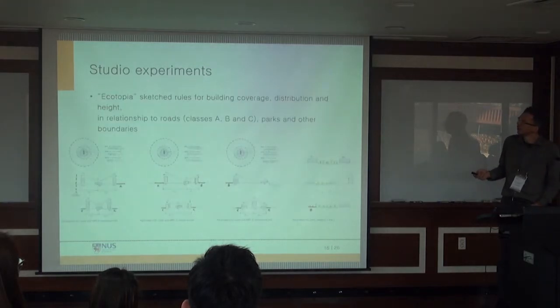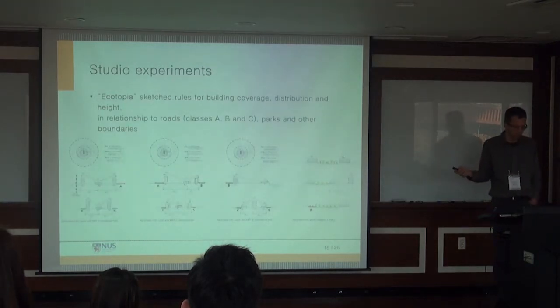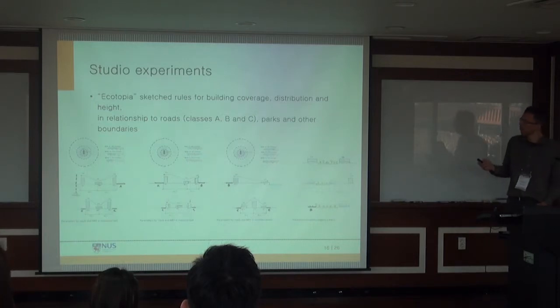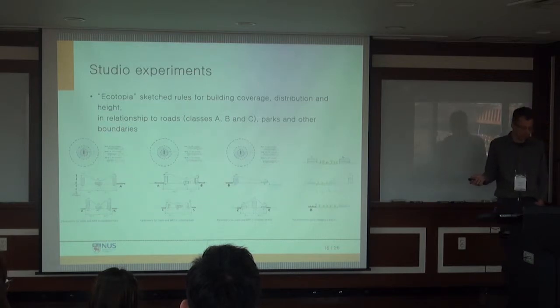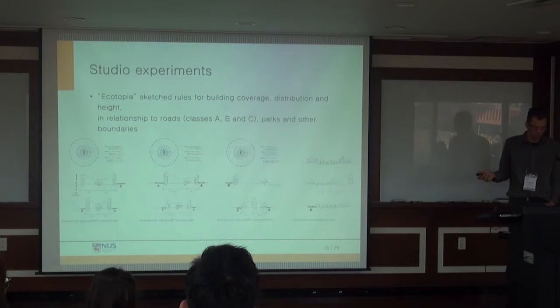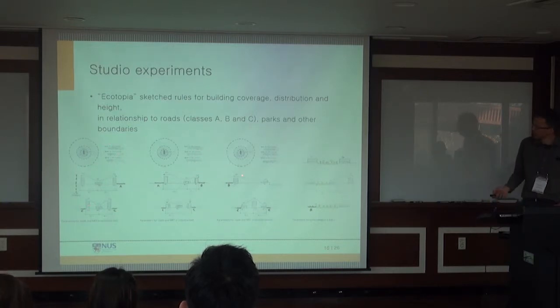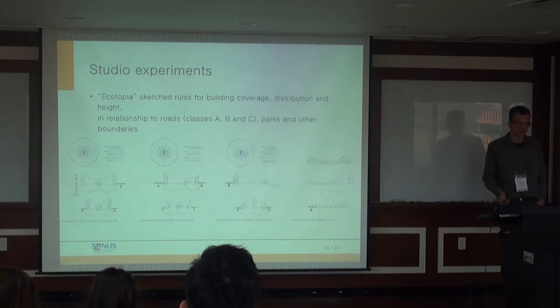And the students, in a group work, suggested or sketched some rules for building coverage, distribution, and height in relationship to roads, parks, and other boundaries. And this is for the residential belt, the industrial belt, the commercial belt, and this is in relationship to parks and other boundaries. And for the roads, they make a distinction between types of roads.